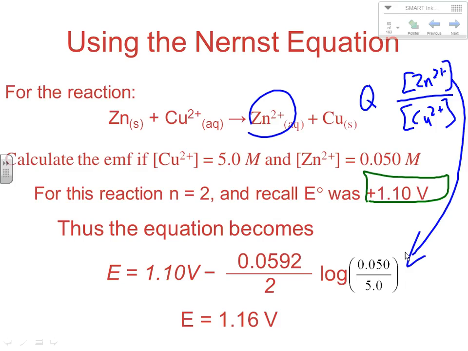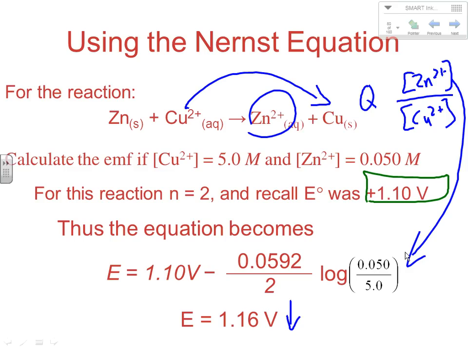We're actually higher than standard conditions because we've got such concentrated molarity of our copper ions. So in this particular case, the actual voltage we will read under these conditions would be 1.16 volts, not 1.10 volts. And now remember, as time goes by and our copper ions are being converted into solid copper, what's going to slowly happen over time is this value is going to start to drop.